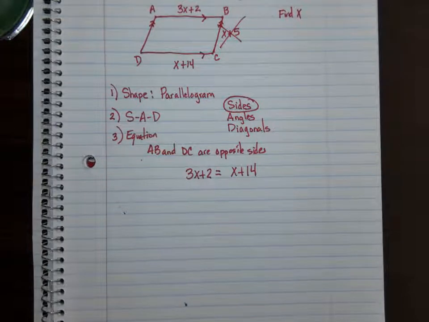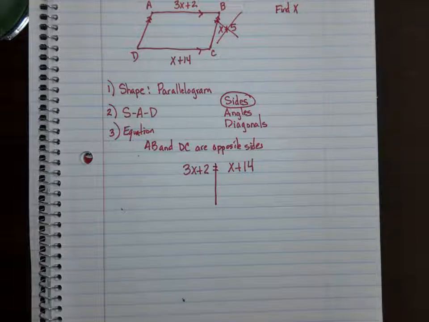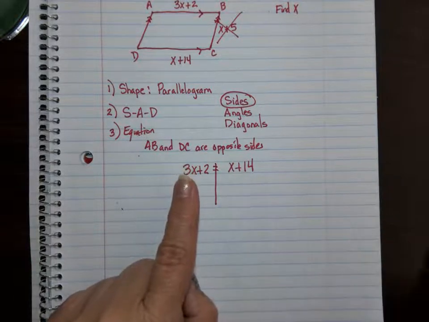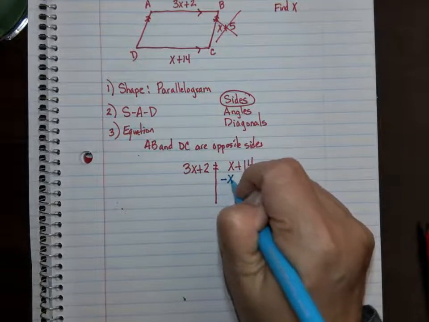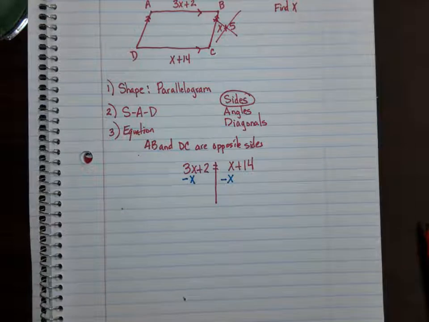Now you're just doing algebra. Right? Helps to draw your vertical line. And we have x's on both sides. So when the x's are on different sides, you want to subtract your x's that are on the lowest side. So I'm going to subtract x from both sides.